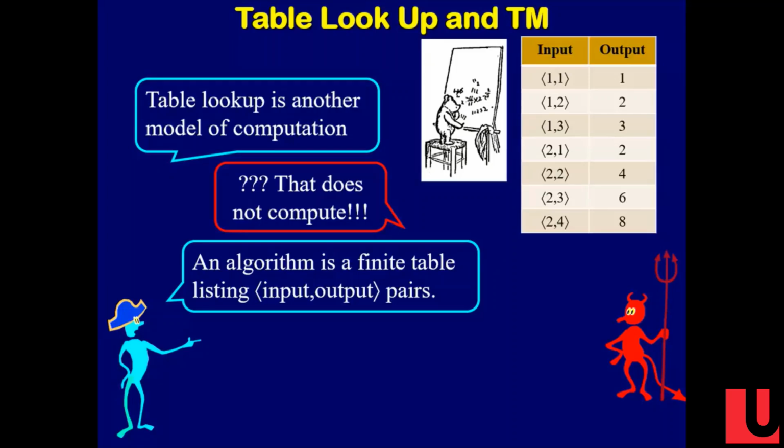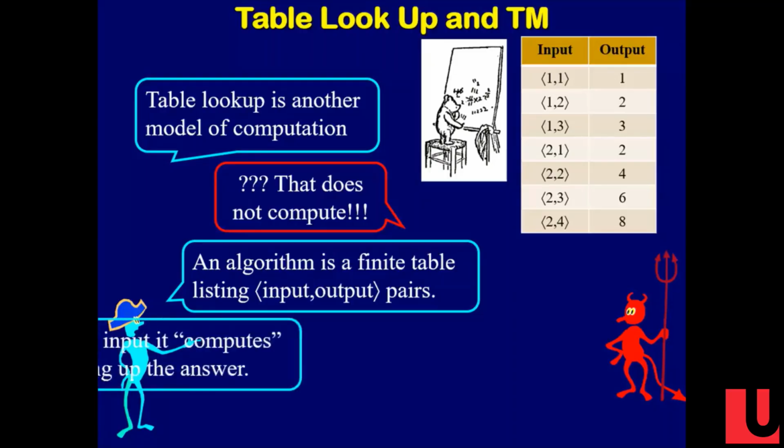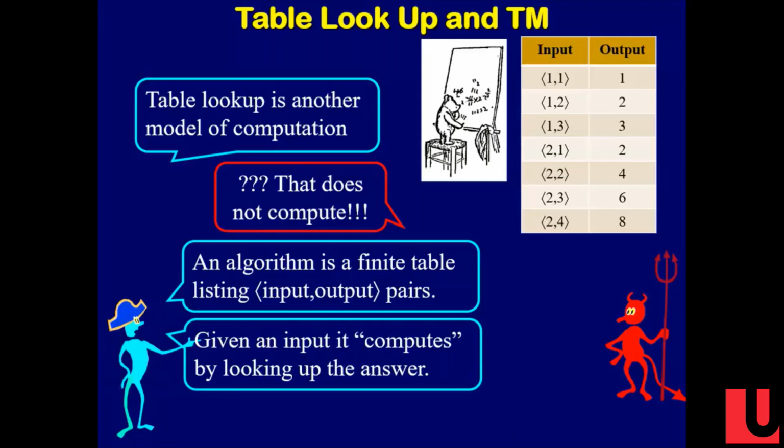And how do you compute? Well, you just look up the answer. You give me an input, and if it's in the table, I give you the answer. And if it's not in the table, then I fail. Everybody get the problem?